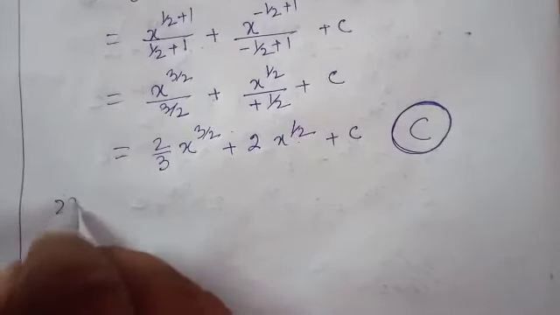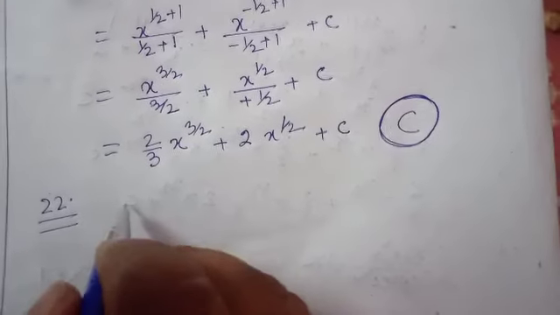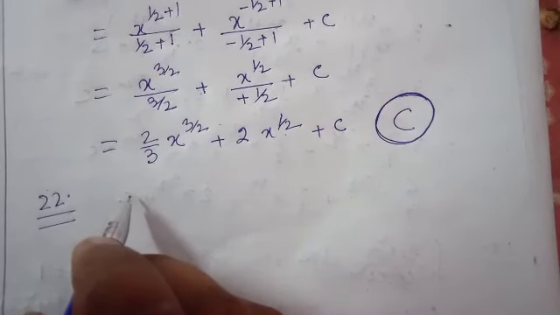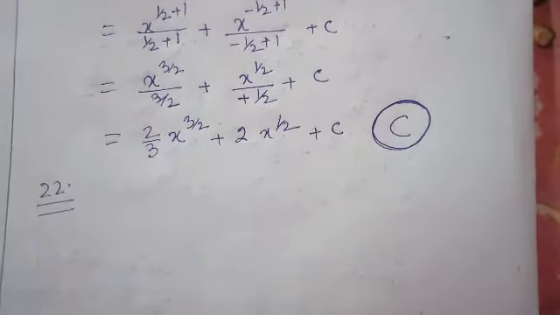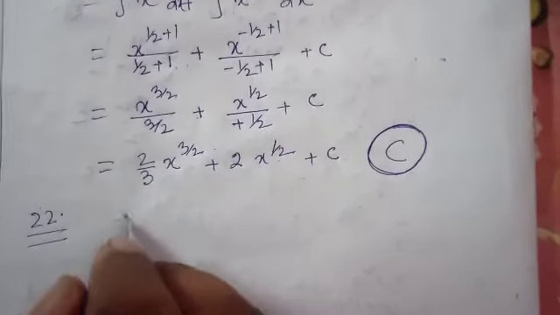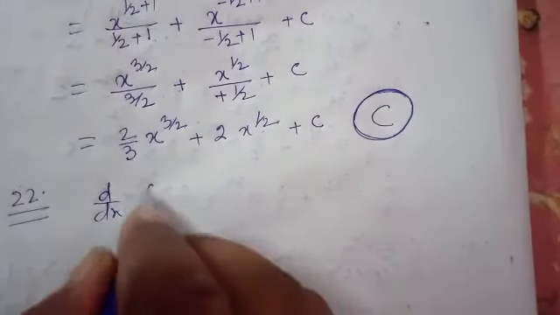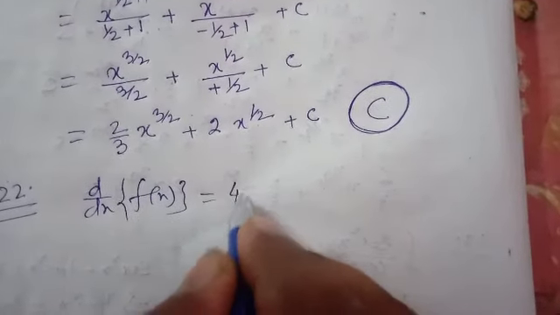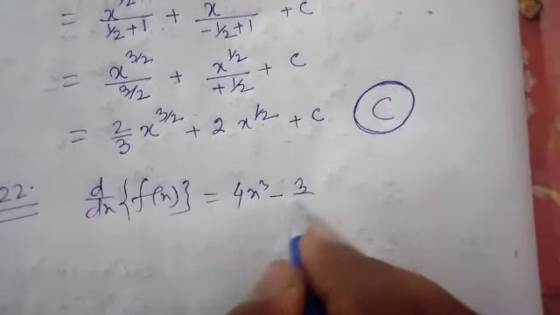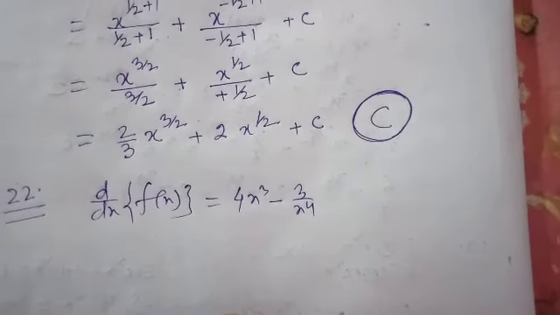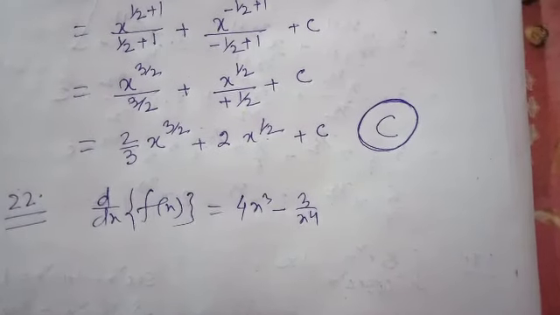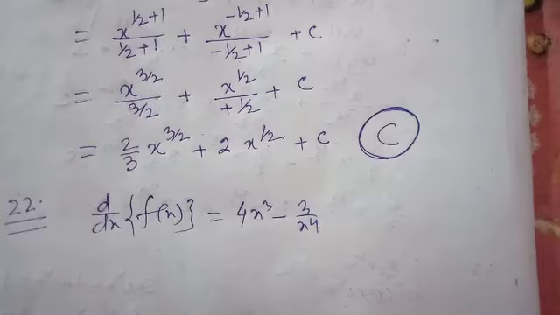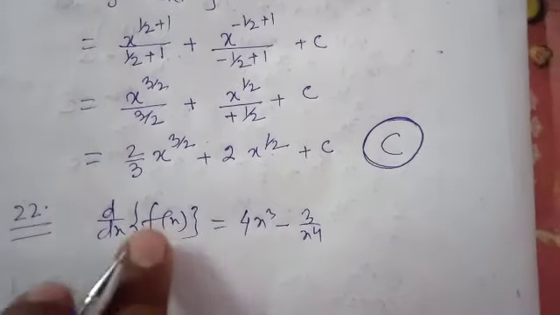22 number sum, same type here. Find the antiderivative. In 22 it is given that d by dx of f of x is equal to 4x cube minus 3 by x to the power 4, such that f of 2 equals 0, then f of x is, so you have to find out f of x.